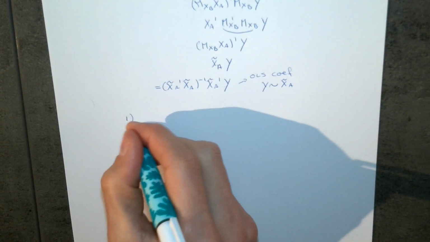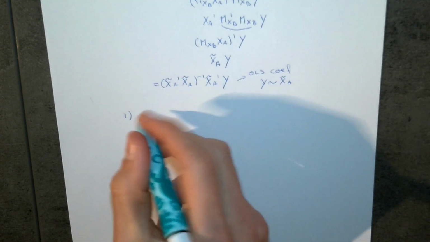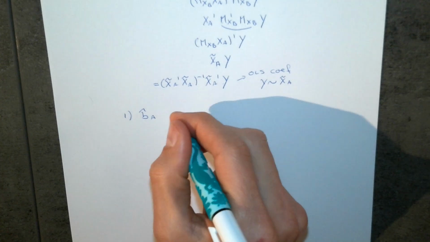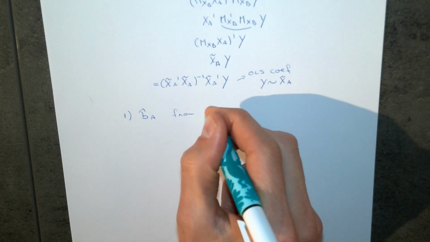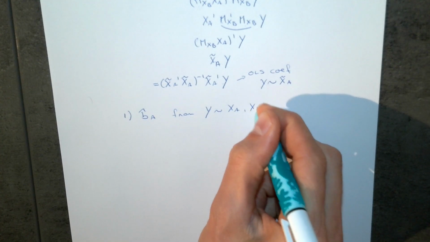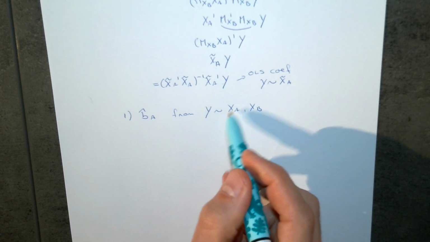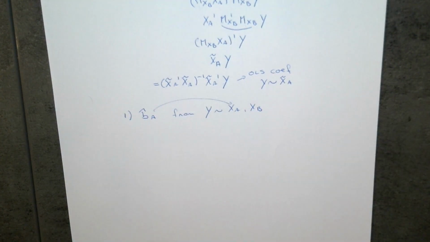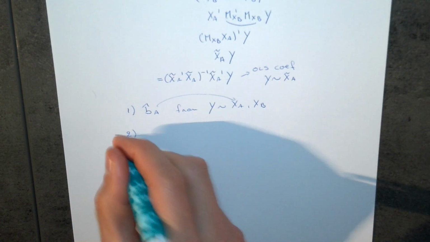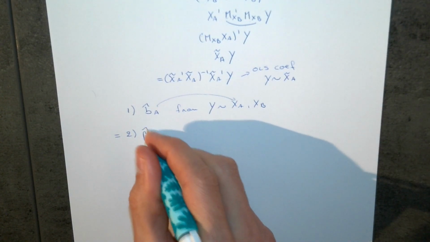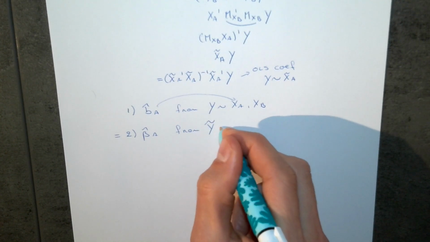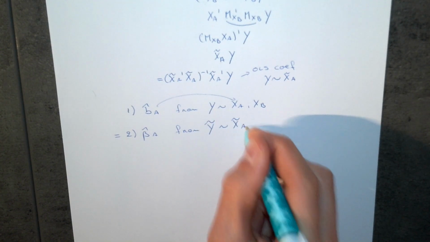Okay, so what the Frisch-Waugh-Lovell theorem tells me is that if I take b hat a from the regression of y on xa and xb, b hat a being the coefficient for xa, this is going to be the same as the beta hat a from regressing y tilde on x tilde a.